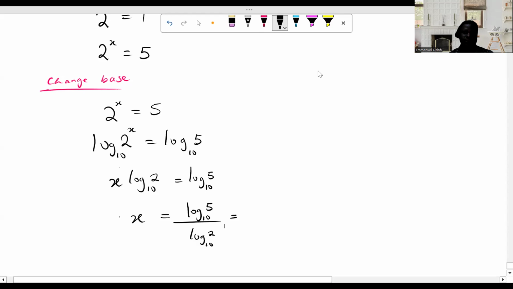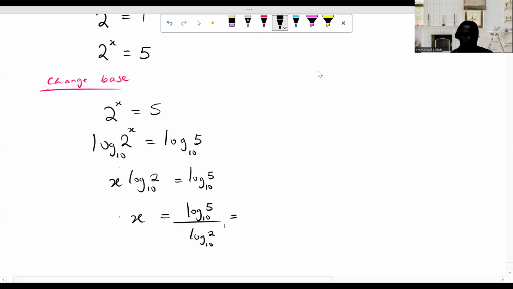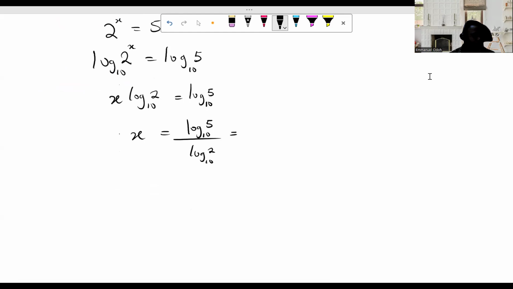Log 5 to base 10. Log 5 base 10 is 0.6989.